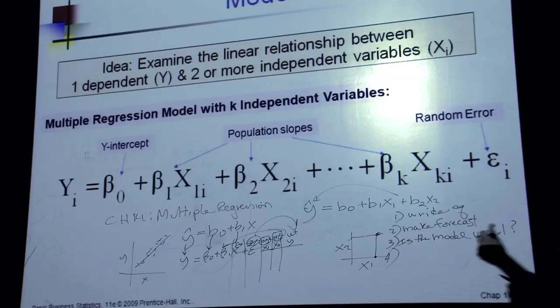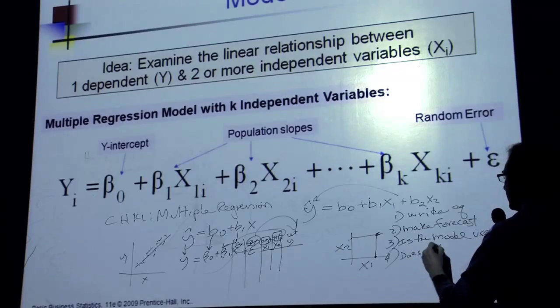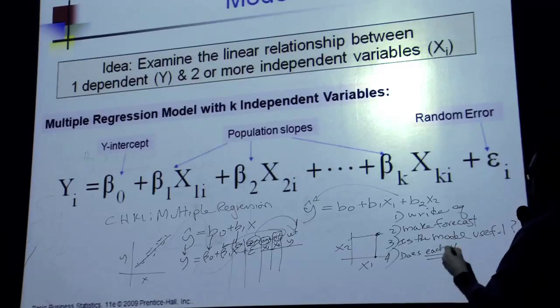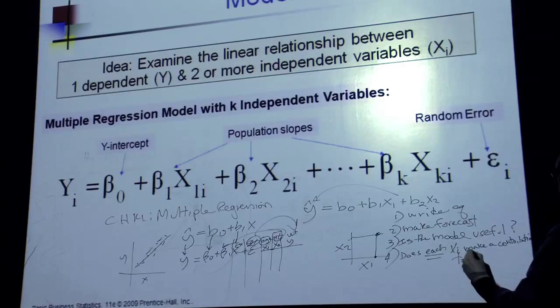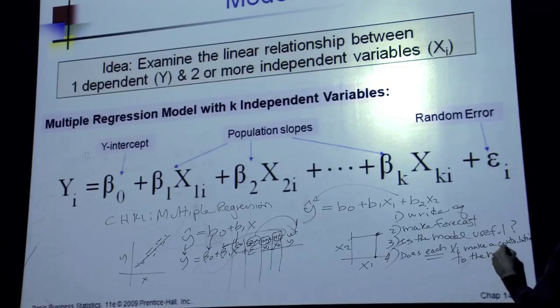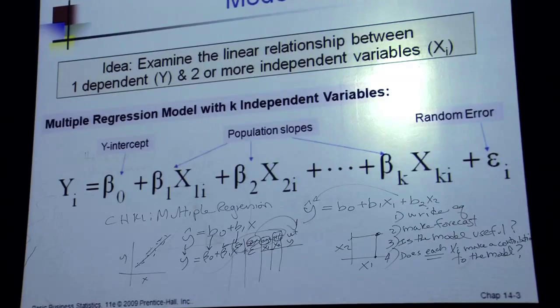So the next thing: does each xi, because xi means x1, x2, x3, make a contribution to the model? And that will also be hypothesis testing, because the answer will be yes or no. H0 will be what? Beta 1 equals 0, meaning that the x1 drops out of the equation. So we're going to get into that in a minute. So those are the 4 things we've got to do.